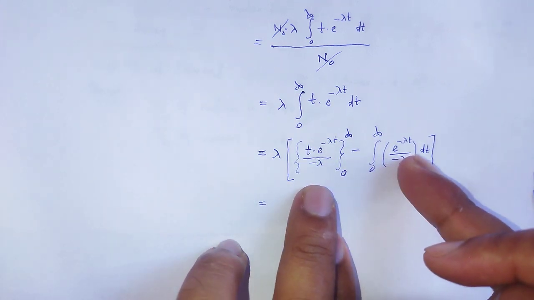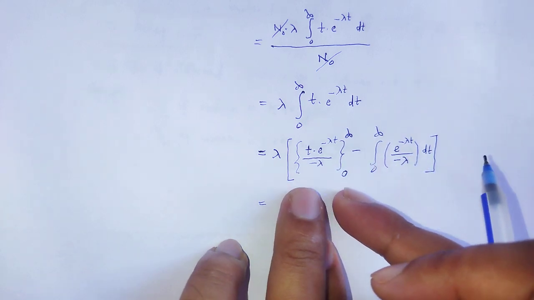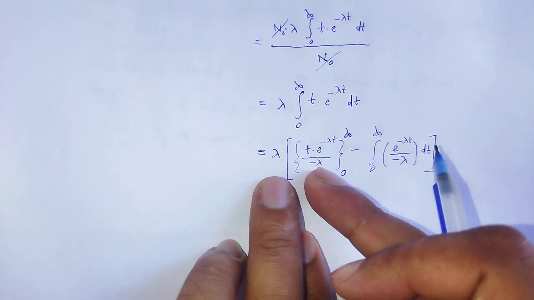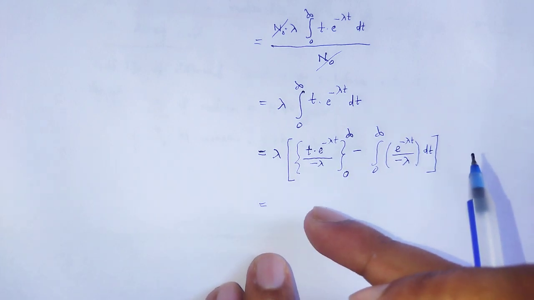In these two terms 1 by lambda is common, and lambda with 1 by lambda cancels out.